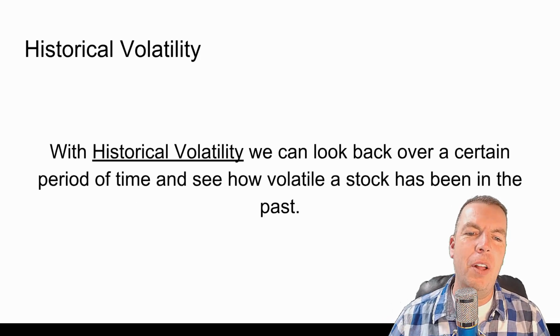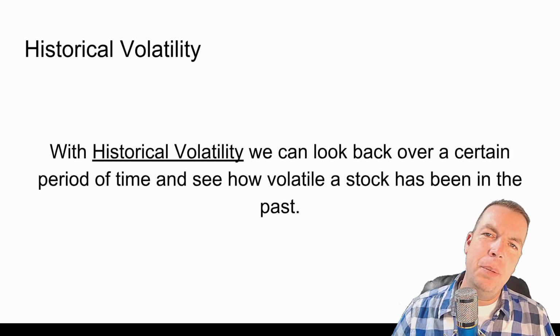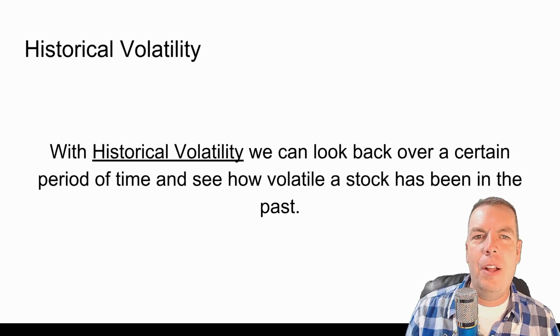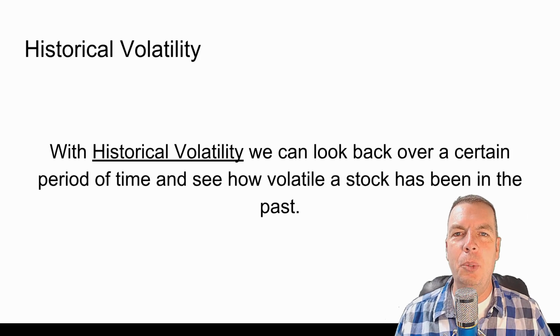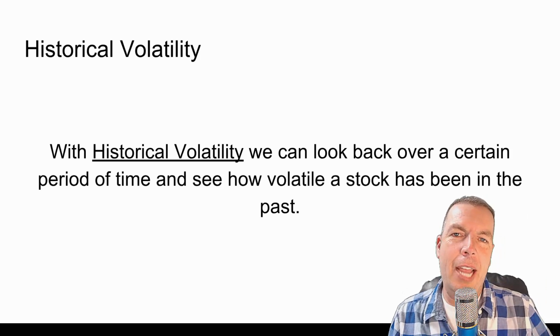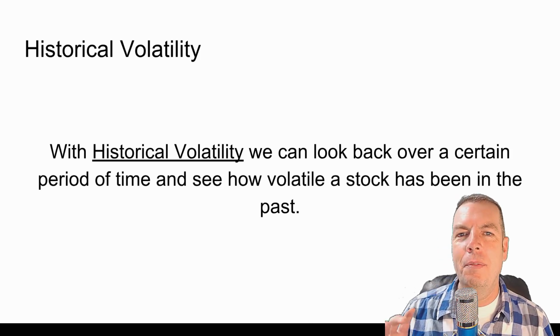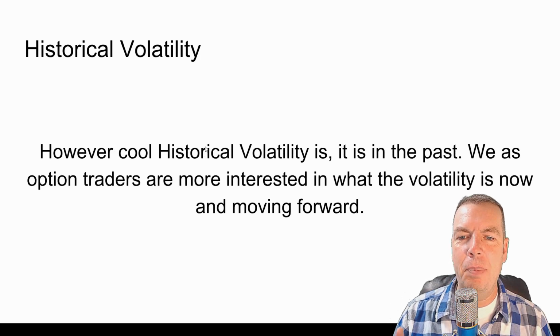With historical volatility, we can look back over a certain period of time and say, yes, that stock was volatile. Statistically, we can see that it was volatile because it's already happened, and we can see what the historical volatility of a stock has been.